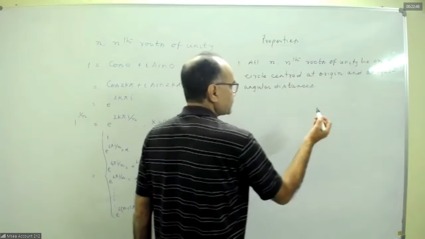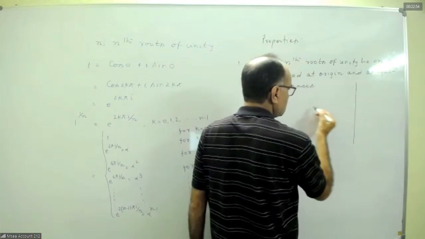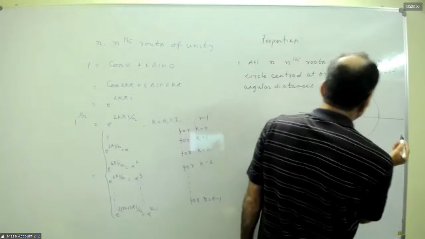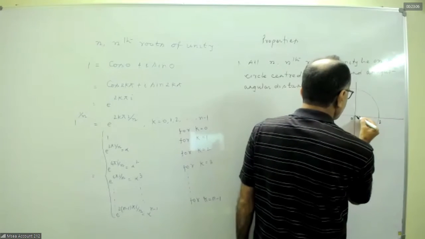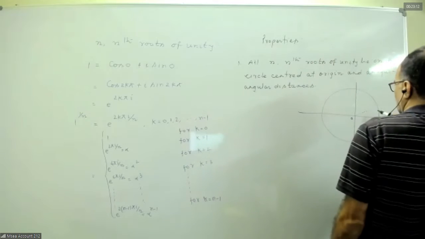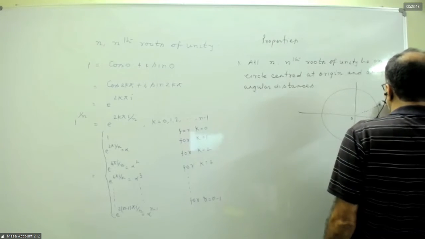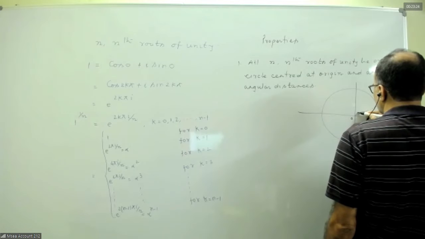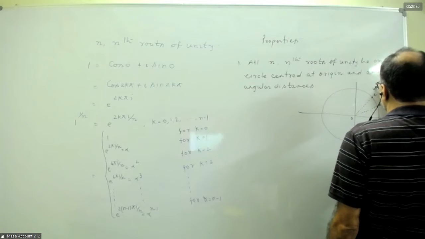So the meaning is: one, e to the power 2 pi I by n, e to the power 4 pi I by n.